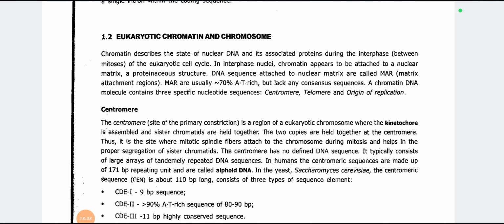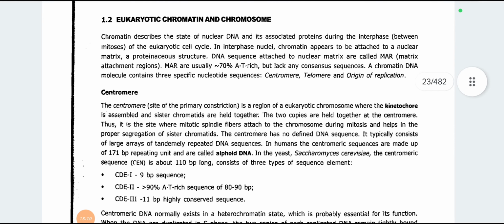Next we come to eukaryotic chromatin and chromosome. In these topics we are just recalling some concepts, and since this book is very helpful for CSIR NET preparation, I am reading out from the book, so that even if you revise the book twice or thrice, you can clear all the basic concepts.